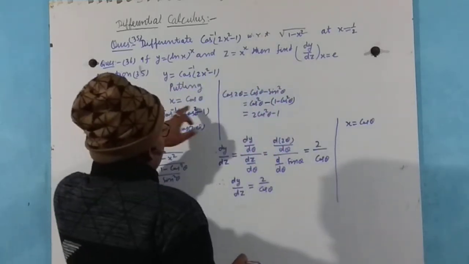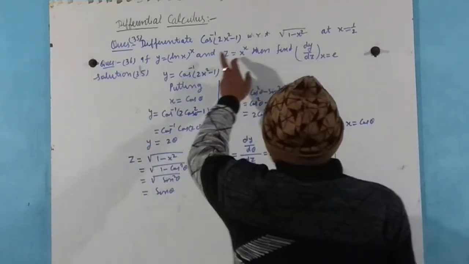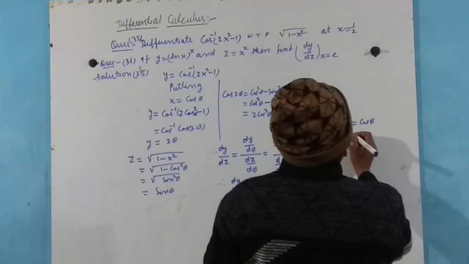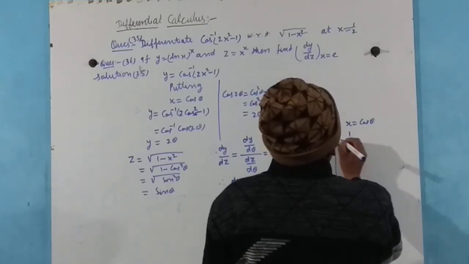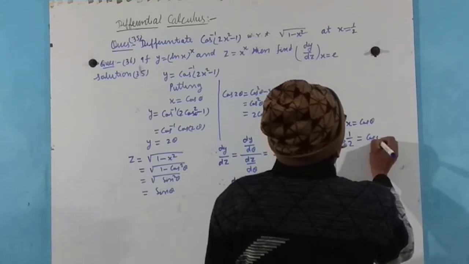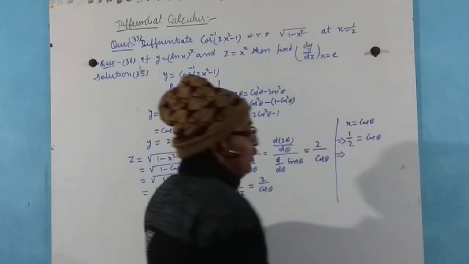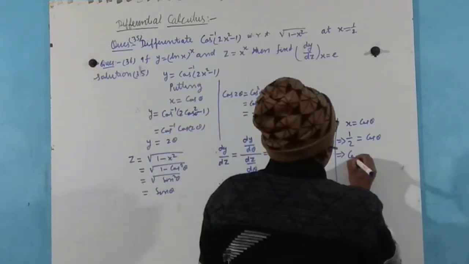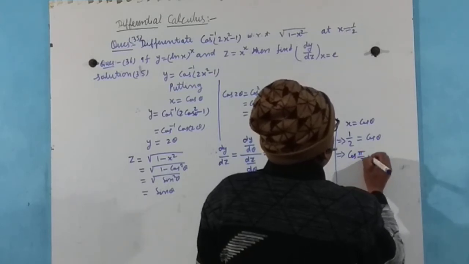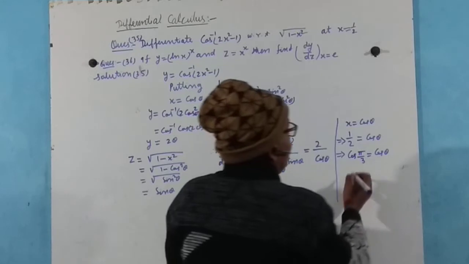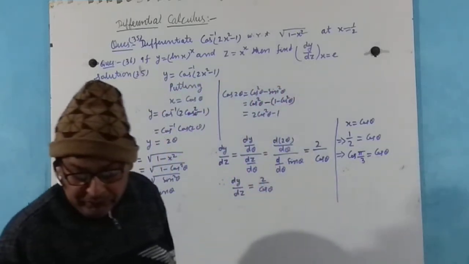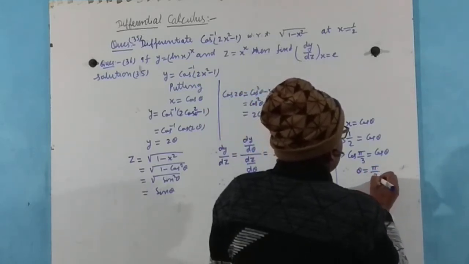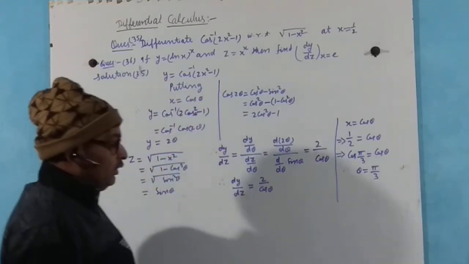We assumed that x is equal to cos theta, and we differentiate this with respect to under root of this, so that x is equal to half can be written as 1 by 2 equal to cos theta, and half can be written as cos 60 degree, cos pi by 3 here equal to cos theta, so that theta equal to pi by 3.